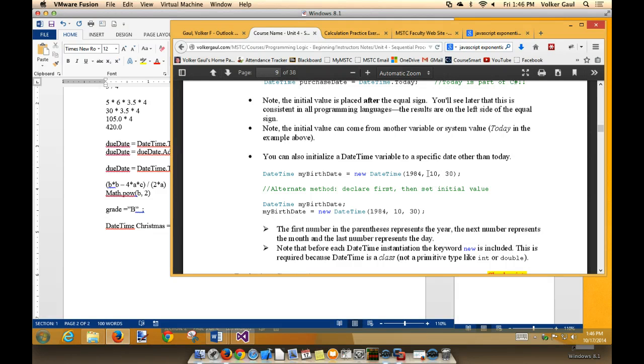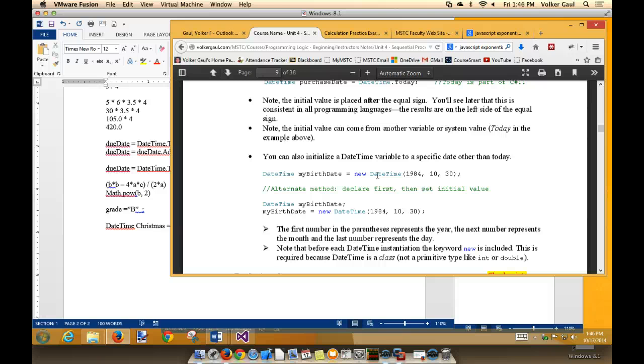If you don't put spaces in between there, C# doesn't care. I have seen one of these with the space there missing. New is not part of the type. New is a command. Make me a new one, just like yesterday we saw make me a new form. This says make a new date.